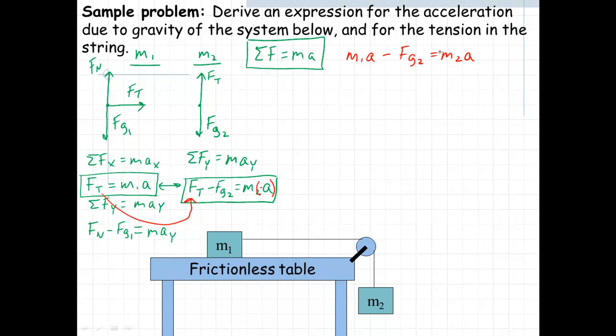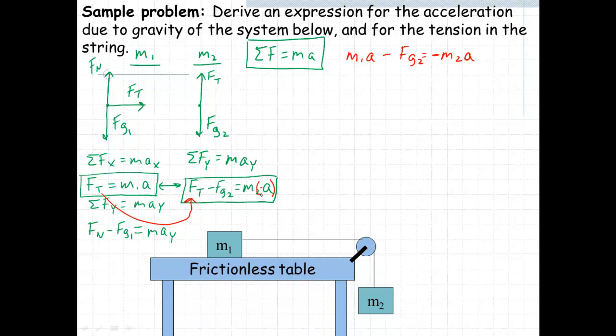So I'm missing a negative sign here. Let's erase this and include our negative sign. I'm going to pull this negative sign out and set it up right there. I'm going to say that this M1A is equal to negative F sub G2, and it's equal to negative M2A.